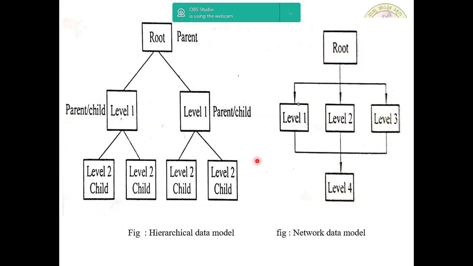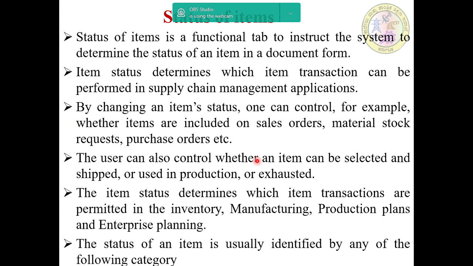And then we'll go for status of items. Status of items is a functional tab to instruct the system to determine the status of an item in a document form.